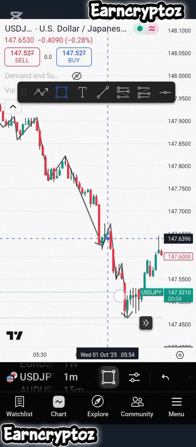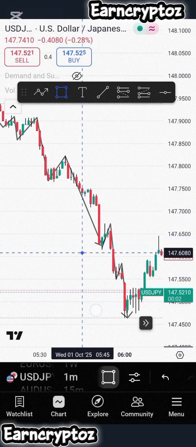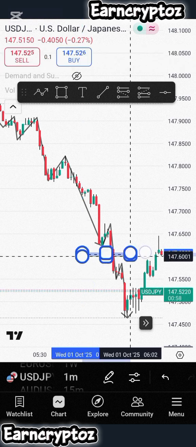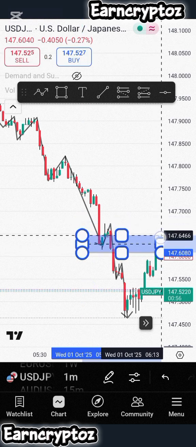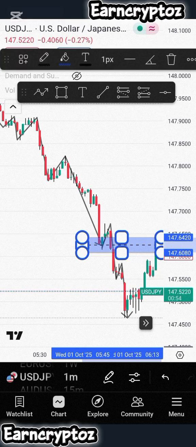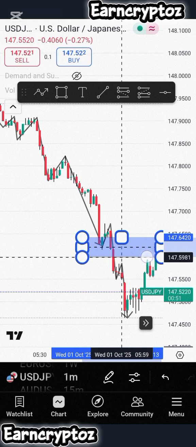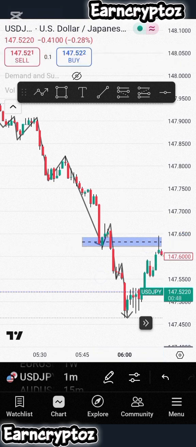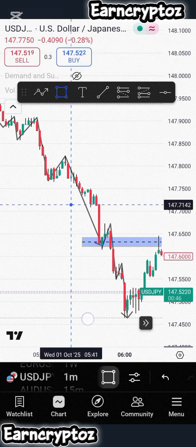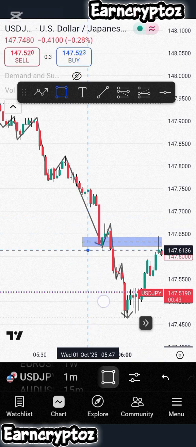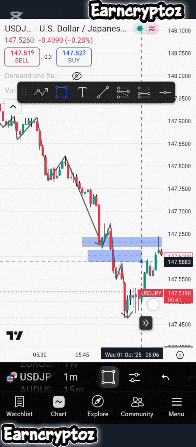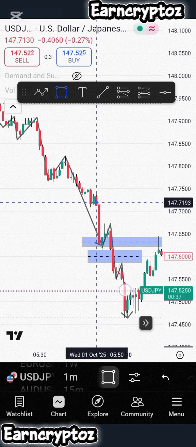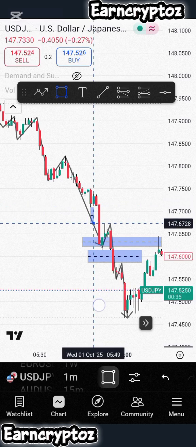So you can see, as you can see, we have a gap here, there's a gap here, there's a gap below, there's a gap, all of these places, these are gaps.